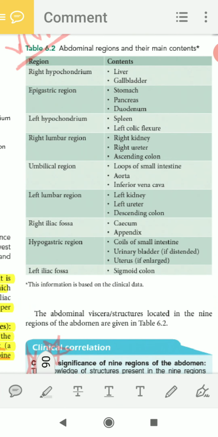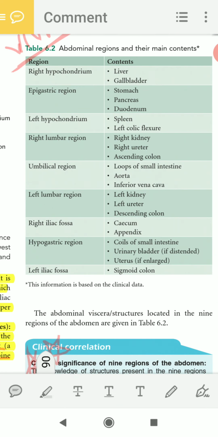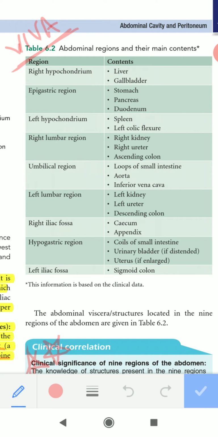So what are the abdominal viscera or contents in the 9 regions? You have to know specifically. This is most commonly asked, most frequently asked in the viva. We already gave you an example about the right iliac fossa. Look at that, in the right iliac fossa, the appendix.